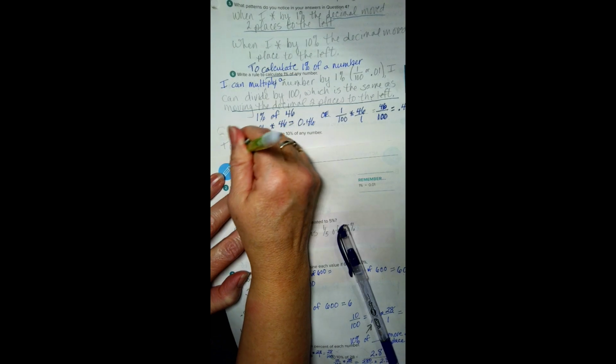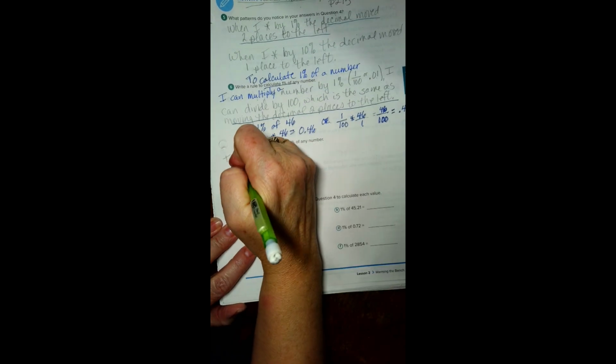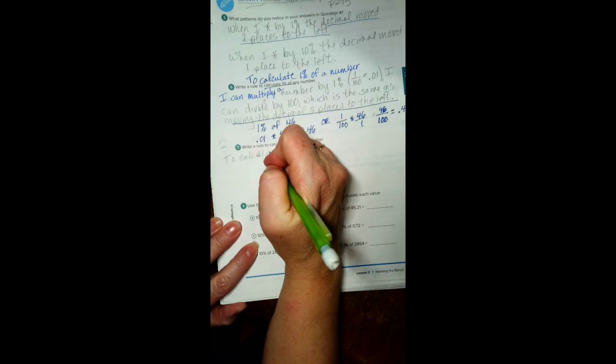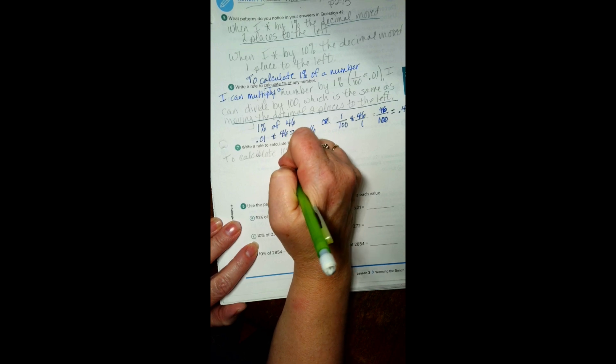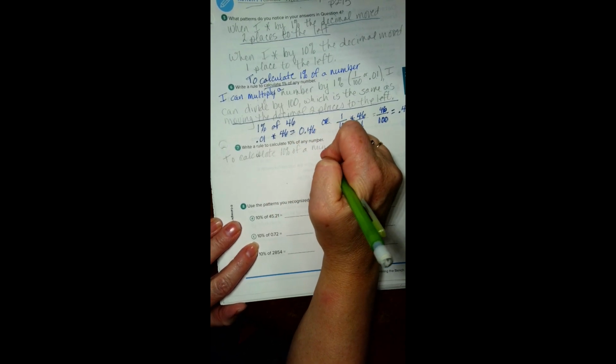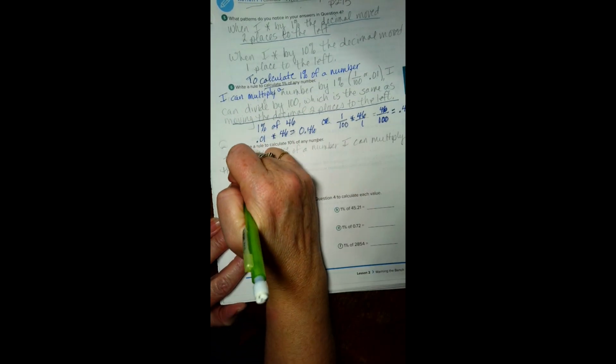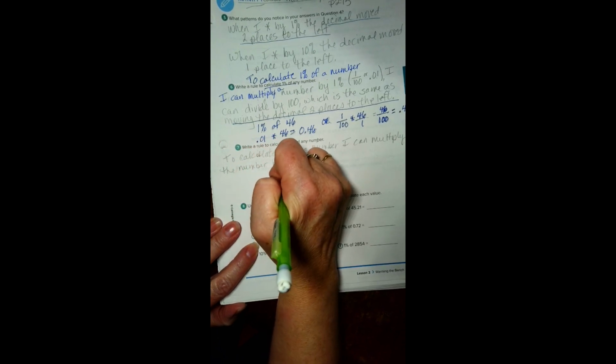For 10% of the number, to calculate, that's a U. Pretend it's a gloriously beautiful U. To calculate 10% of a number, I can multiply the number by 10% on the calculator.